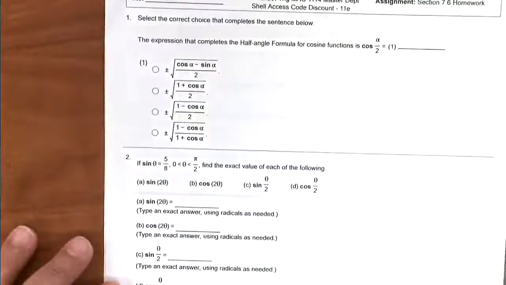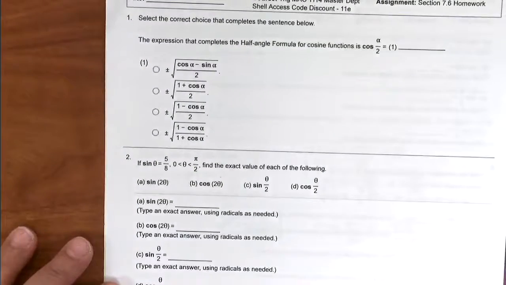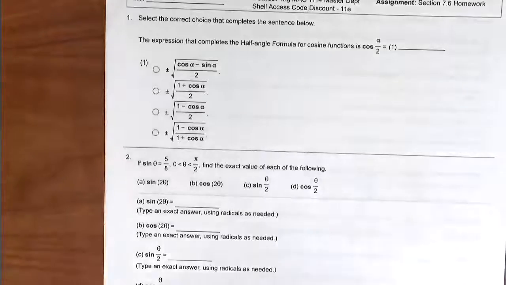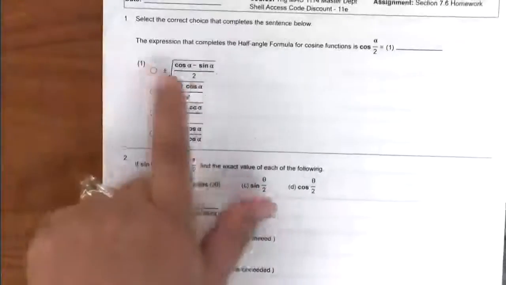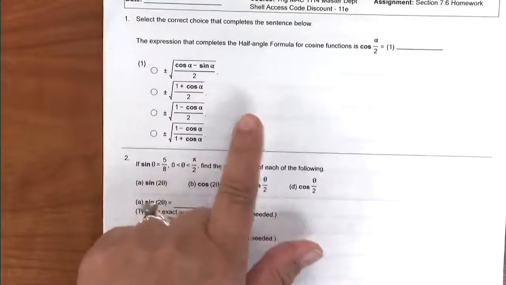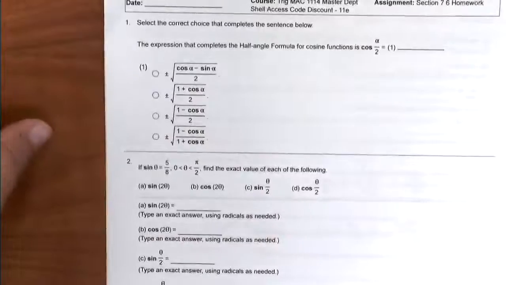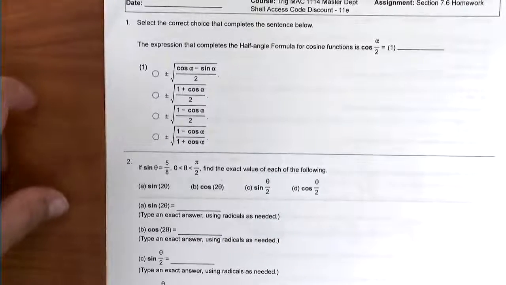Okay, here we go. You can be looking at the sheet as I show you how to use them. Now some of these first questions at the beginning, like this one, probably just want the formula. Expression that completes the half angle formula for cosine, all they're asking for is the formula. You could get that right off of your sheet.